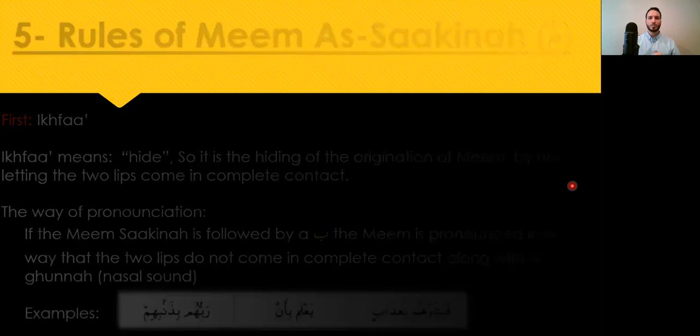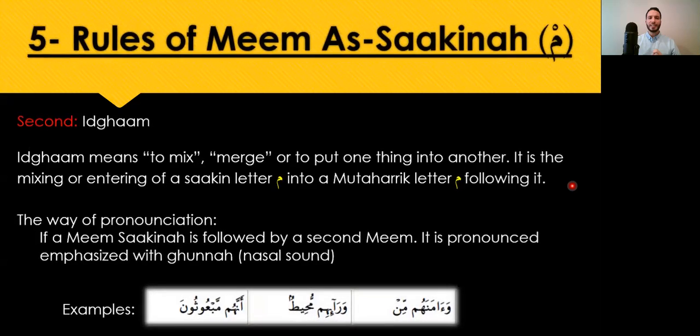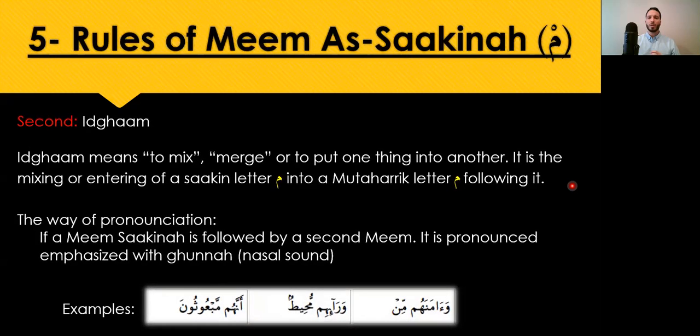Our second rule is called idgham. Idgham means to mix or to merge or to put one thing into another. And it happens when a Meem Saakinah is followed by another Meem.